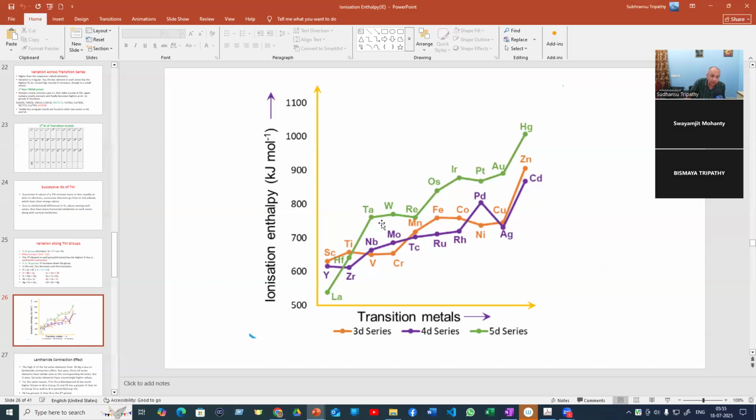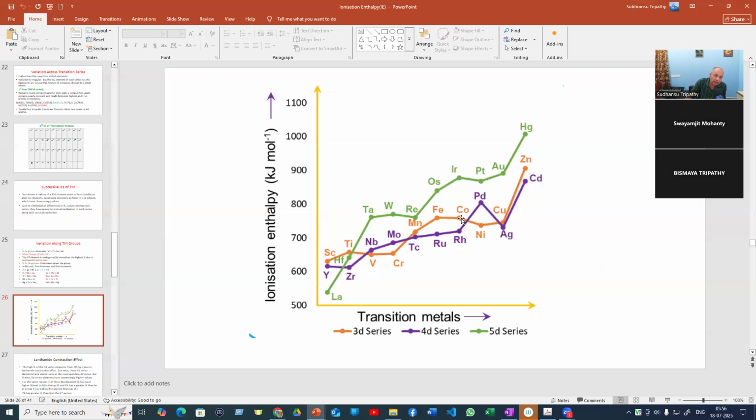Coming to the manganese group: manganese to technetium comes down and then rhenium is higher, so rhenium is greater than manganese greater than technetium. In the iron group, iron is greater than ruthenium, and osmium is the highest. In the cobalt group, iridium is greater than cobalt greater than rhodium.